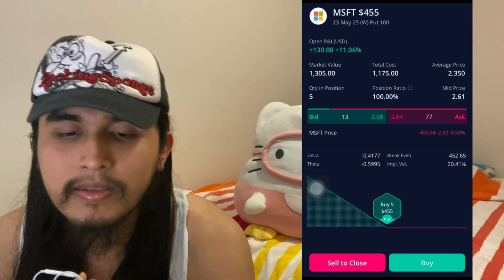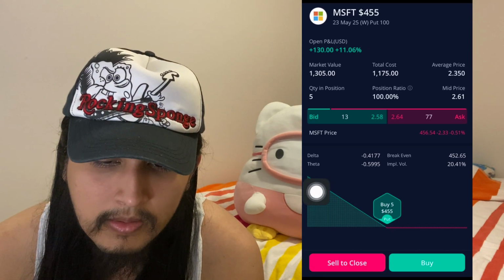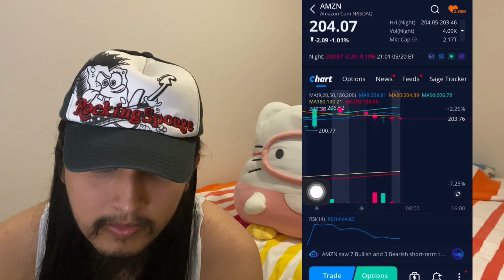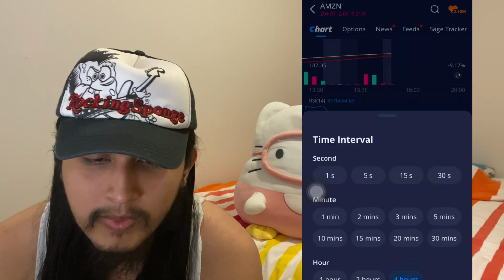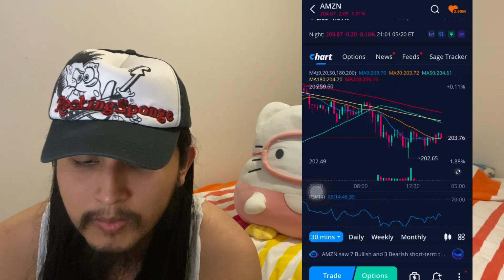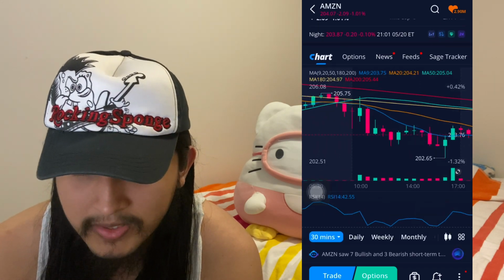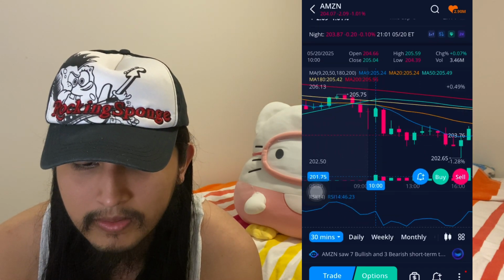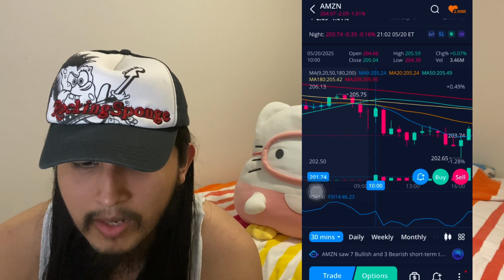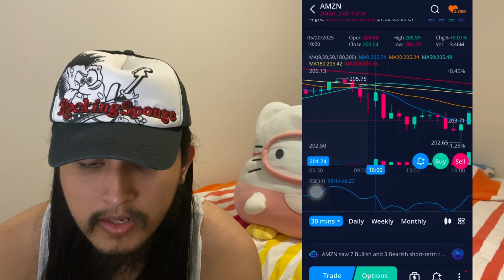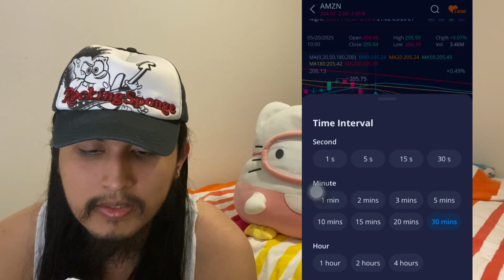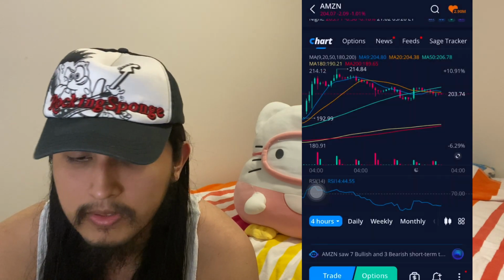Let me see if I can find a way. So this is how I would go with this trade: Amazon on the 30-minute time chart today. As soon as it approached the 50-day moving average, I would have bought Amazon put options, starting small just to see what the trend is on the 4-hour time chart.